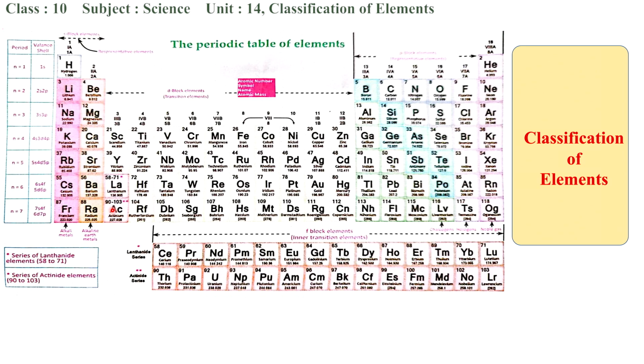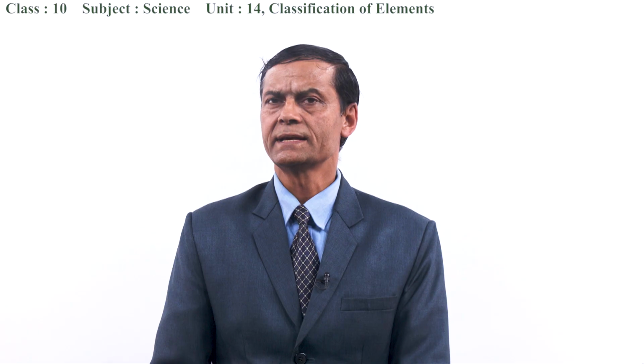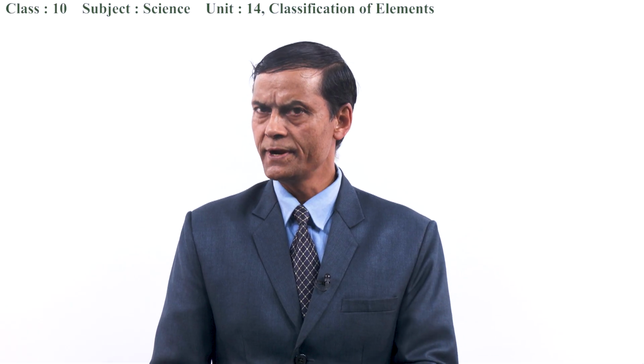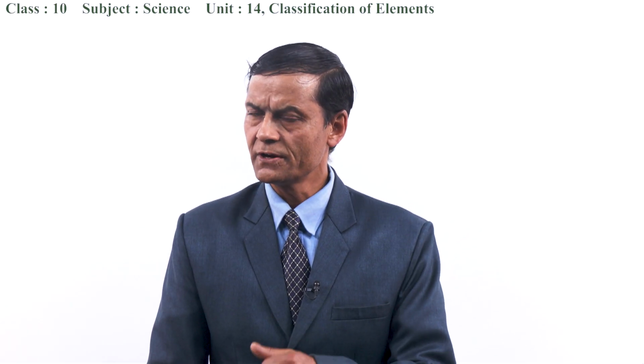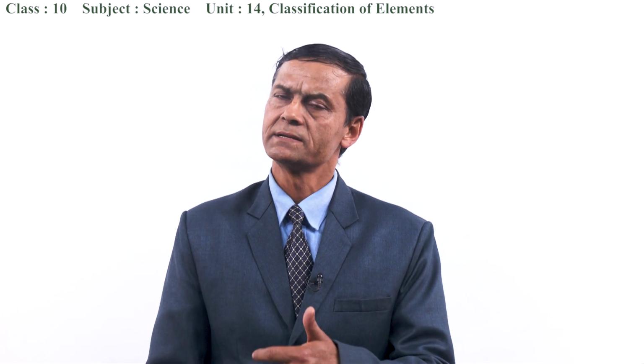Yes, and today we are going to discuss the different types of elements placed in the modern periodic table. Remember, what kinds of elements are classified according to physical and chemical properties? Yes, definitely. There are metals, some elements are non-metals, some are metalloids, some are transition elements, and so on.